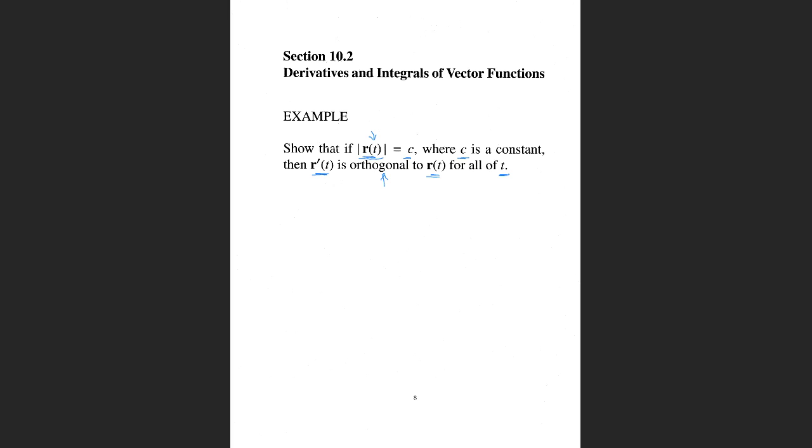Okay, this is now for any value of t. It's not for some value of t, it's for all values of t. So the derivative vector of the space curve will always be orthogonal to the space curve itself, so long as the length of your space curve is constant.